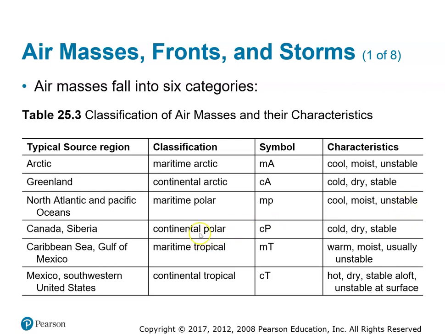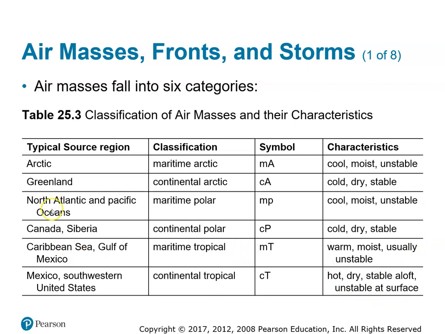Right, and then continental polar, cool, dry, stable. Maritime tropical, warm, moist, and usually unstable. And continental tropical, hot, dry, stable high up in the atmosphere, and unstable close to the surface.